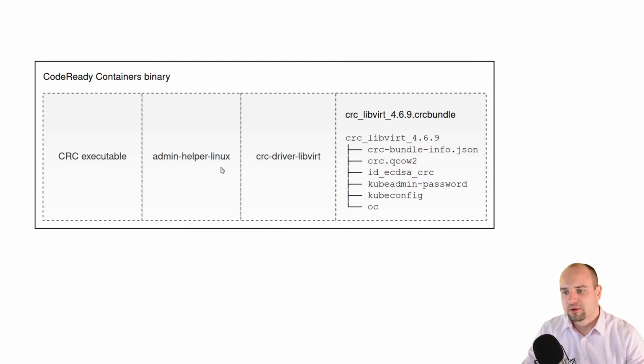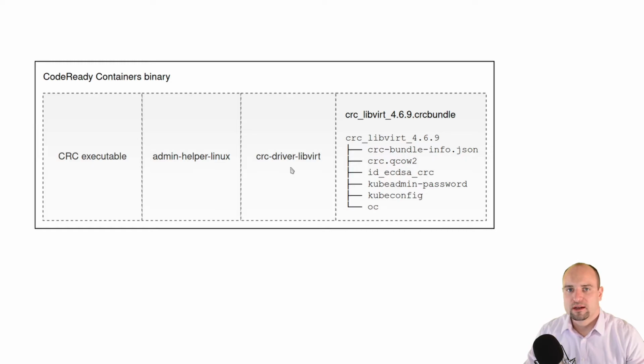This executable is used by CRC to edit the /etc/hosts file. Then in the binary we can also find crc-driver-libvirt. Remember that this particular binary is supposed to install CRC on Linux, and that's why the driver bundled within the binary is the libvirt driver.